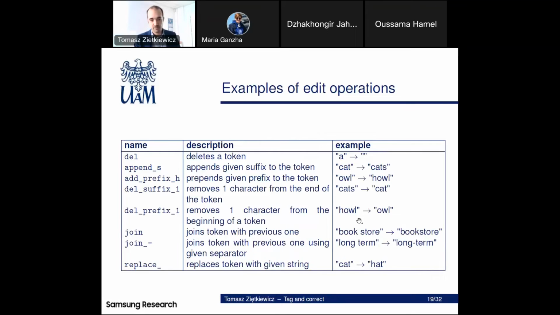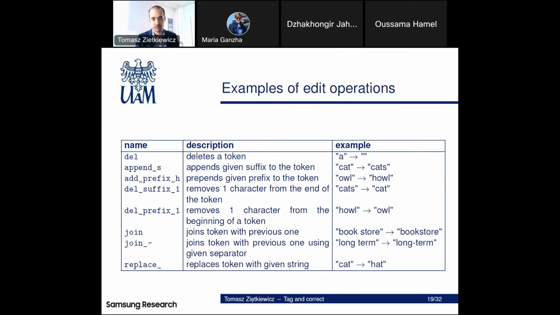And here are examples of these edit operations. So these are just a few, but the most popular ones. So, for example, the operation delete just deletes a token. Append s, we've already seen. Of course, this s can be changed for any other character depending on what was seen in the training set.